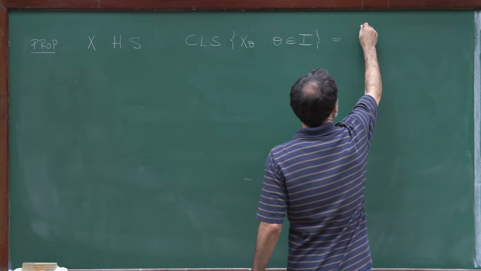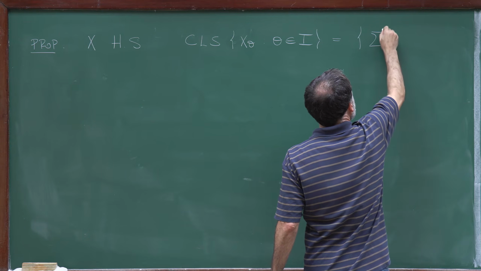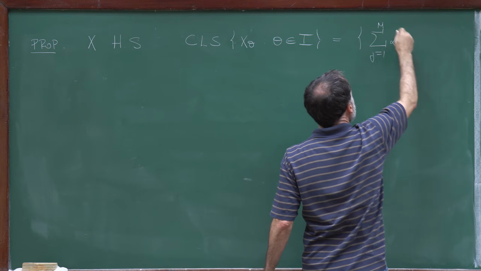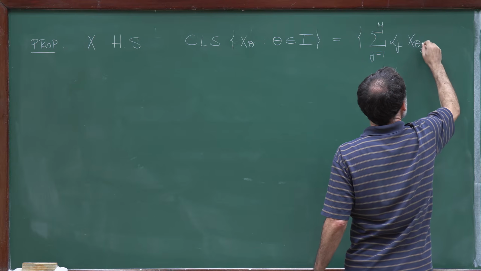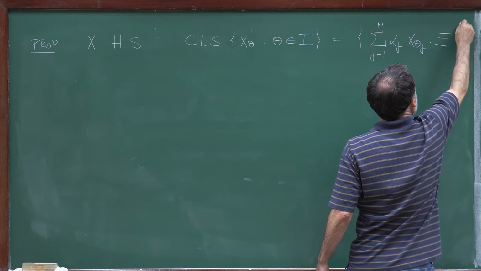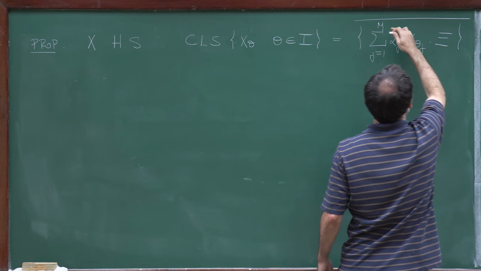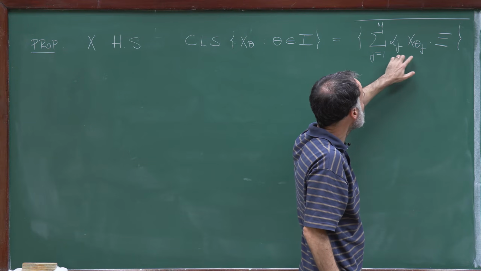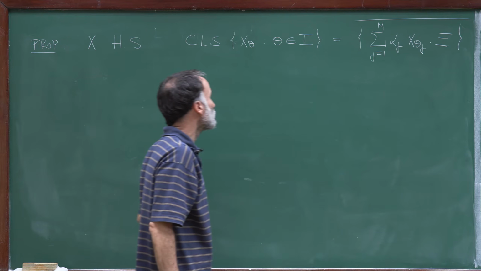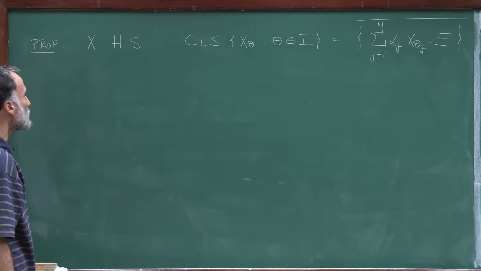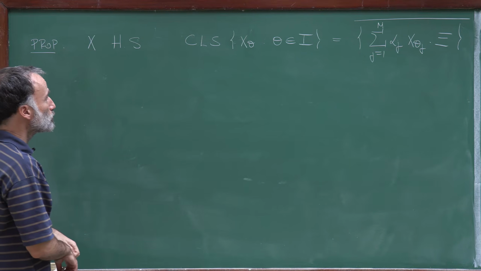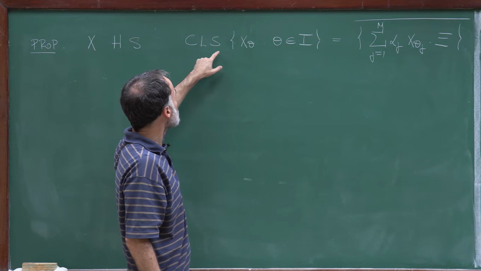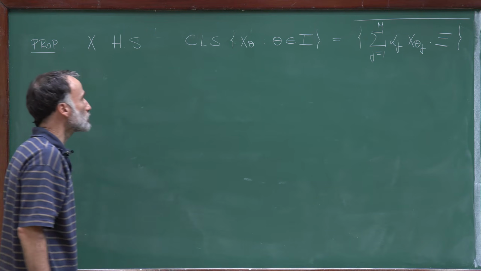We know that this is the closure of the set of sums from 1 to m of alpha_j x_theta_j, such that we have three properties: m is a finite number, alpha_j are scalars, and theta_j are elements of I. So this is the closed linear span. And the proposition provides you a necessary and sufficient condition for an element to belong to the closed linear span.